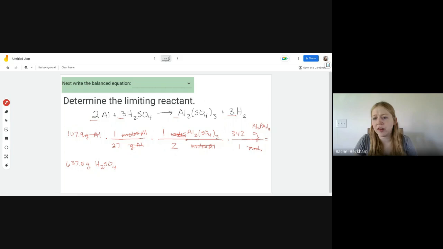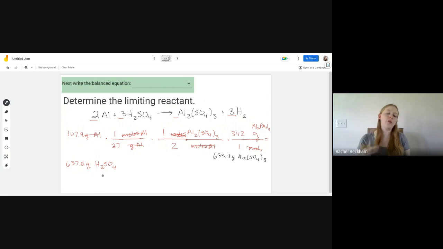And I'm getting 683.4 whenever I do that. So I'm going to write that down over here that this is 683.4 grams of Al2SO4.